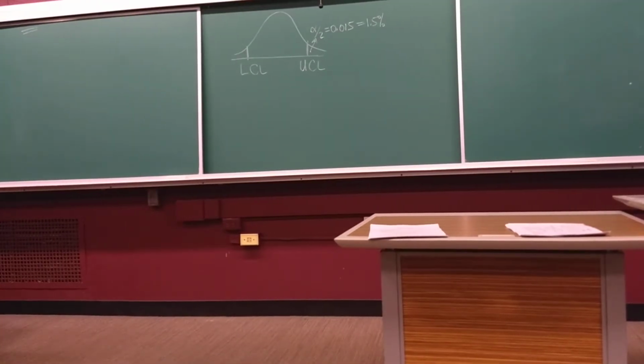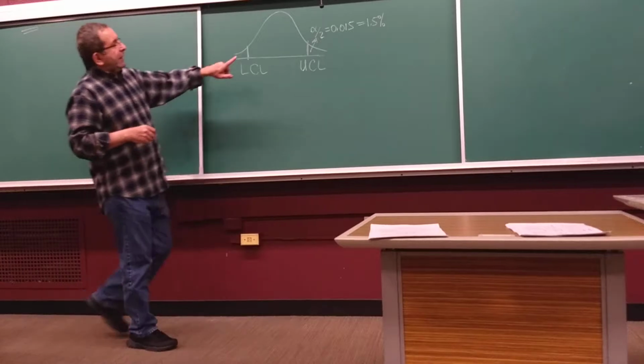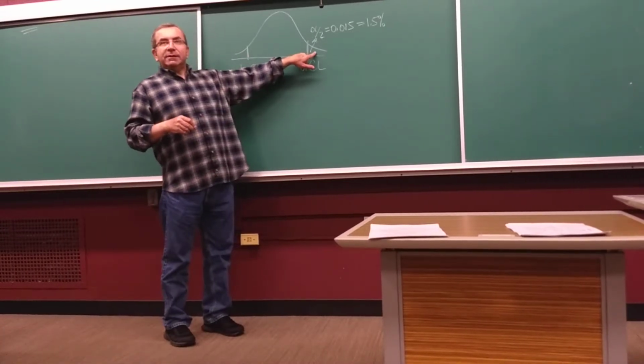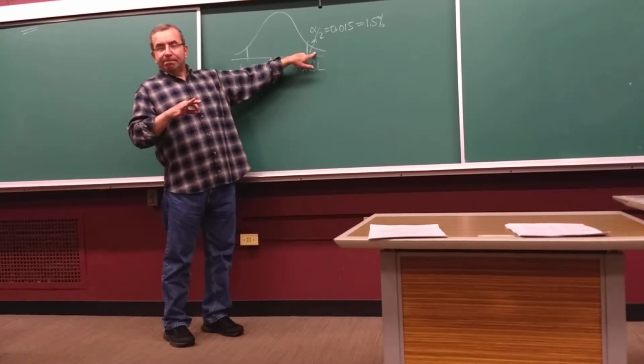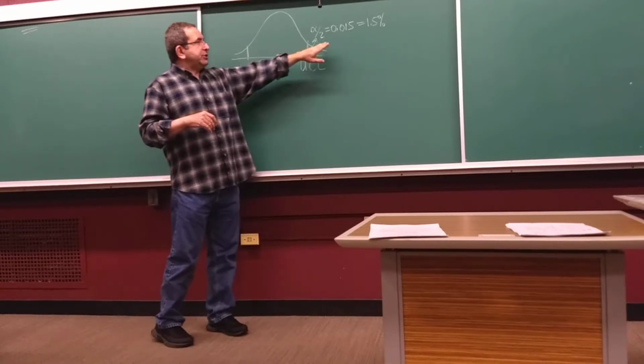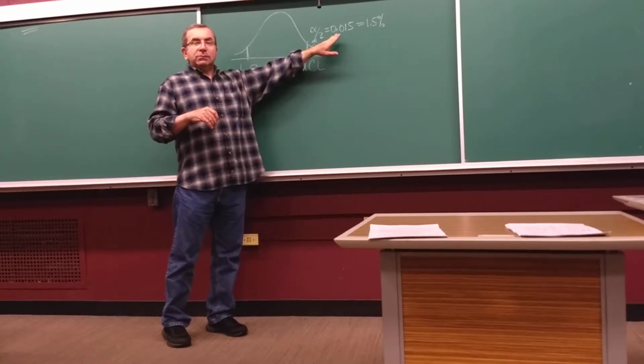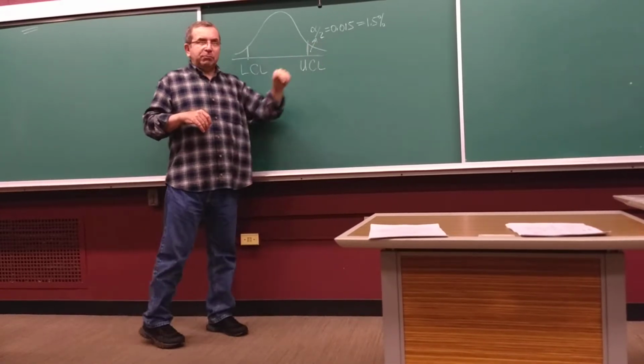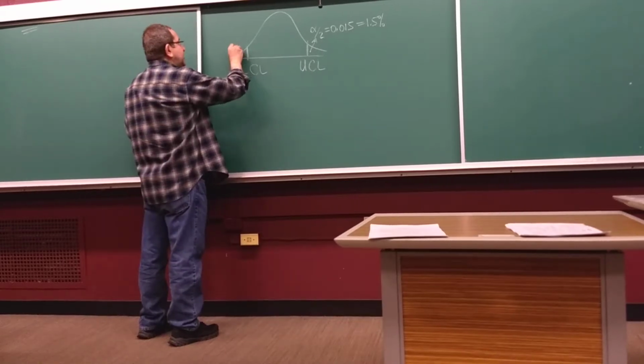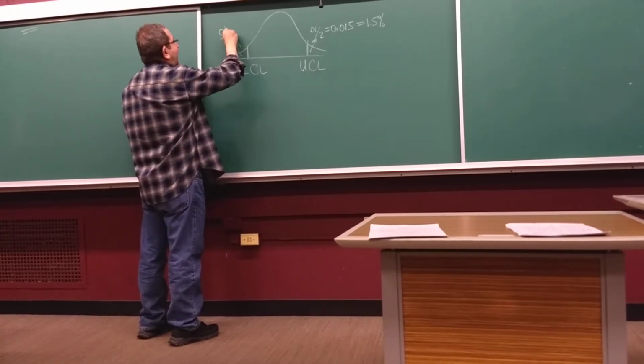Okay. So here, this will be half of alpha, which is 0.015 or 1.5%, and this is the other half of alpha.